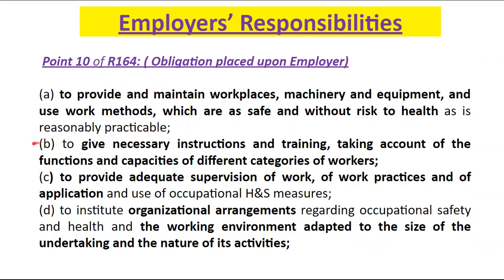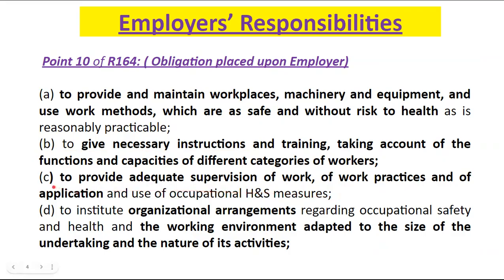Further, in point B, it is the employer responsibility to give necessary instruction and training, taking account of the functions and capacity of different categories of workers. It is the employer responsibility to provide adequate supervision of work practices, and of application and use of occupational health and safety control measures.